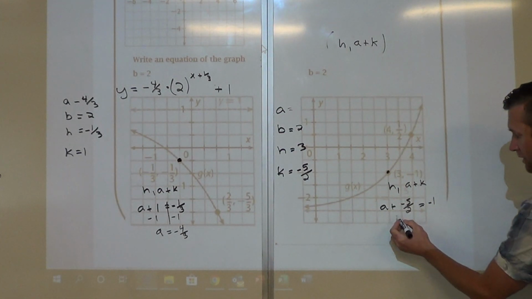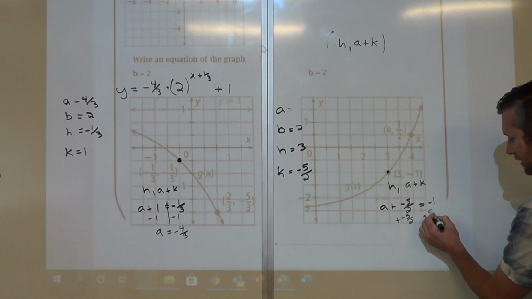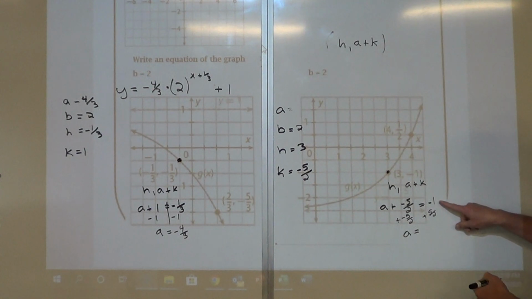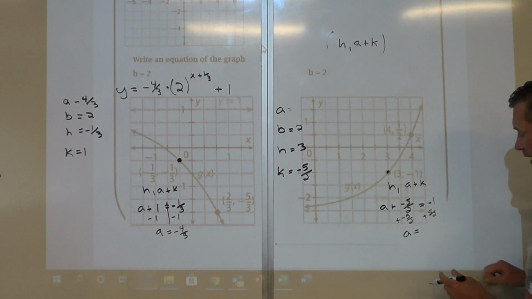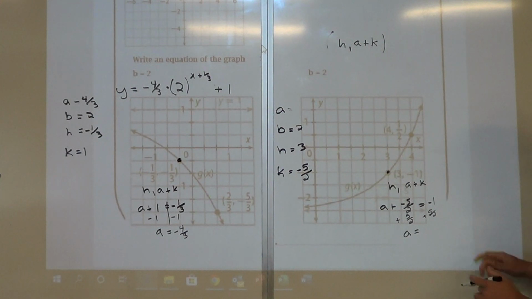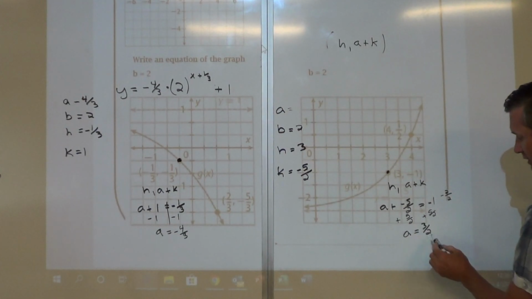So then I add 5/2, add 5/2, and so my a value is equal to, I would just turn this, add 5/2 to it, there you go. So 5 minus 2, so it would be 3/2.